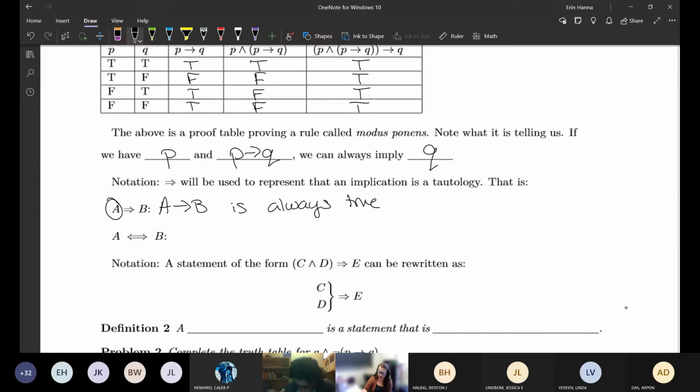This is saying this A and this B don't have to be a singular statement. They can be obnoxiously long statements. So if we have something implies something else and it has that double arrow in the middle, they're telling us that that implication is always true. That's what this double arrow notation is going to mean.